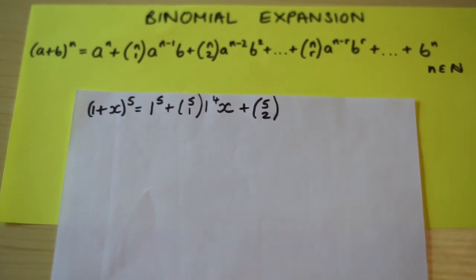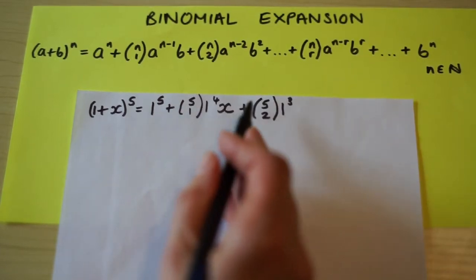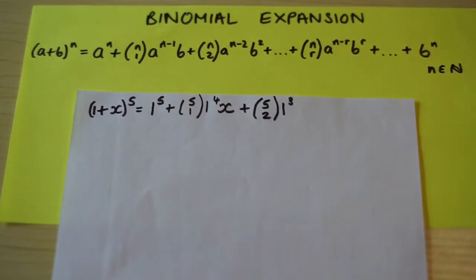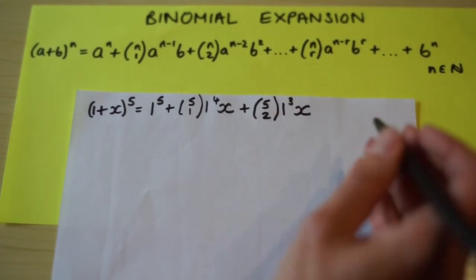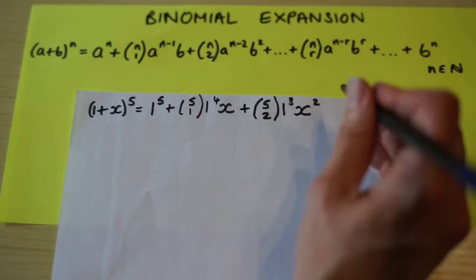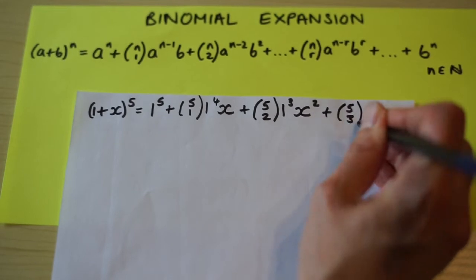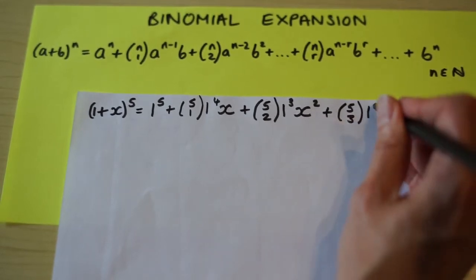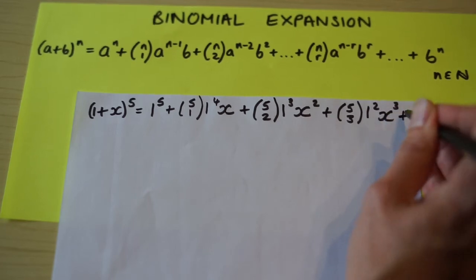5 choose 2, 1 to the 3, so the power of 1 is decreasing each time. The x term is increasing each time. Okay, 5 choose 3, 1 is decreasing, x is increasing.